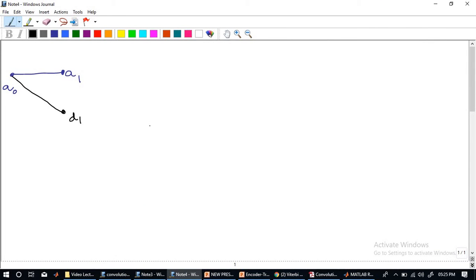Either it will stay at A or it will go to D. So, what we are going to do is, this might be our A2, this might be our A3, this might be our A4, this might be A5, and it will go on.